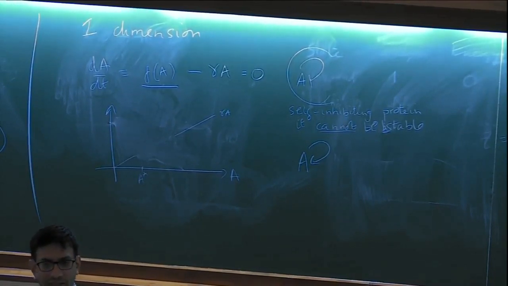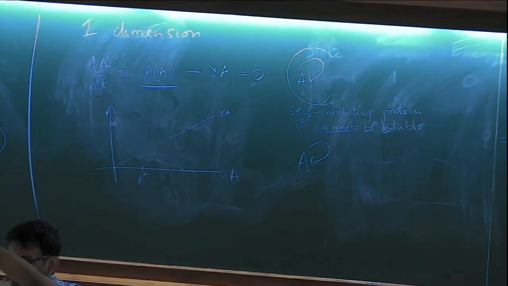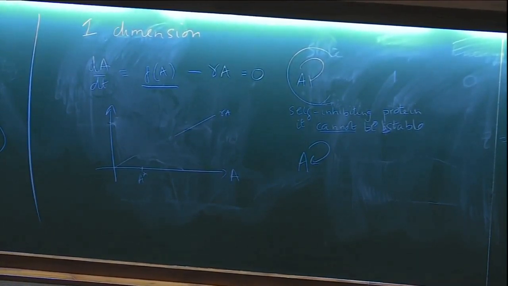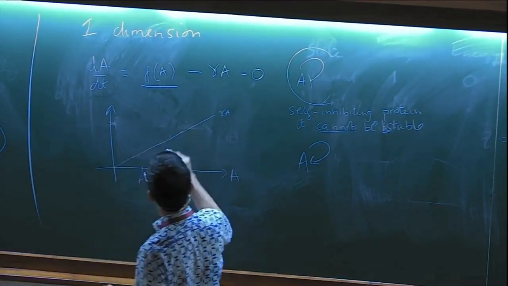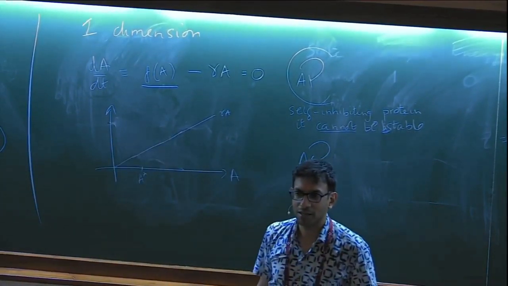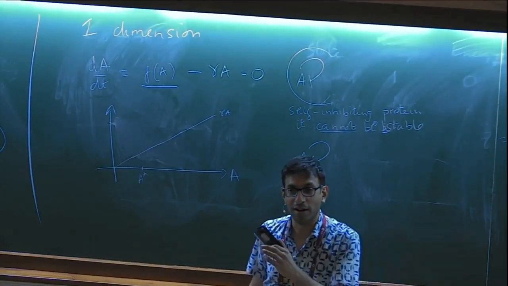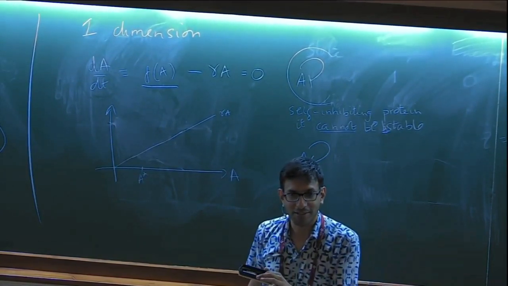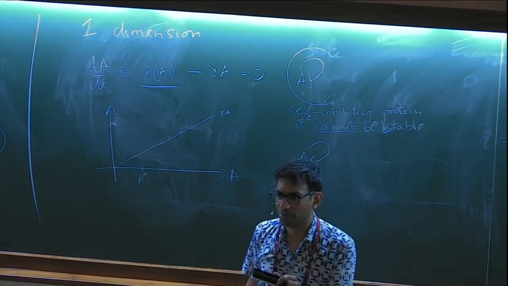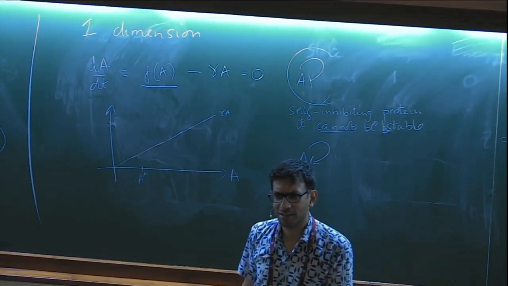So an activator has to be affecting the production rate in a way that it has to be sort of going up, maybe at least not decreasing. So now can you get more than one stable state? So remember, you can't go down and then up. You can only go up. So your parabola would still have that problem. We'll come back to the parabola later.